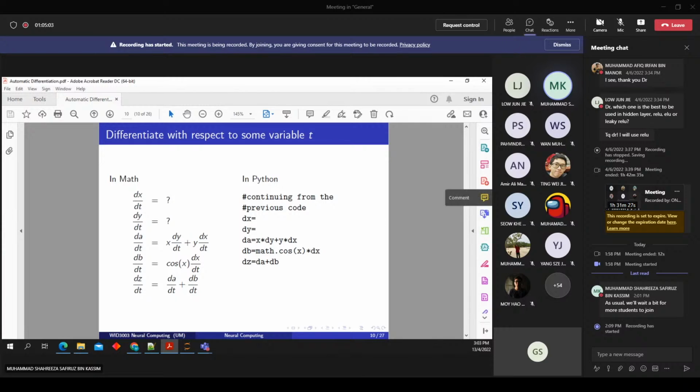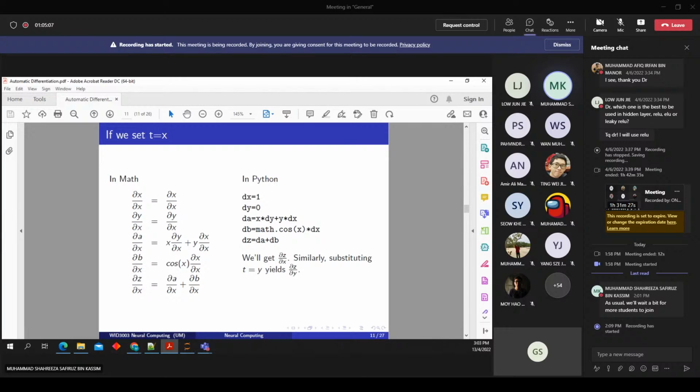Let me find the difference. What is the difference between how you write partial derivatives and how you write normal differentiation? Let me look this up.